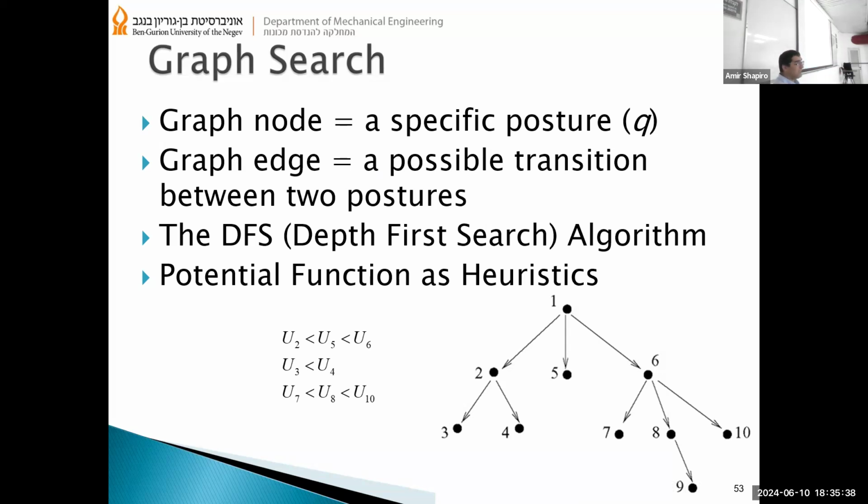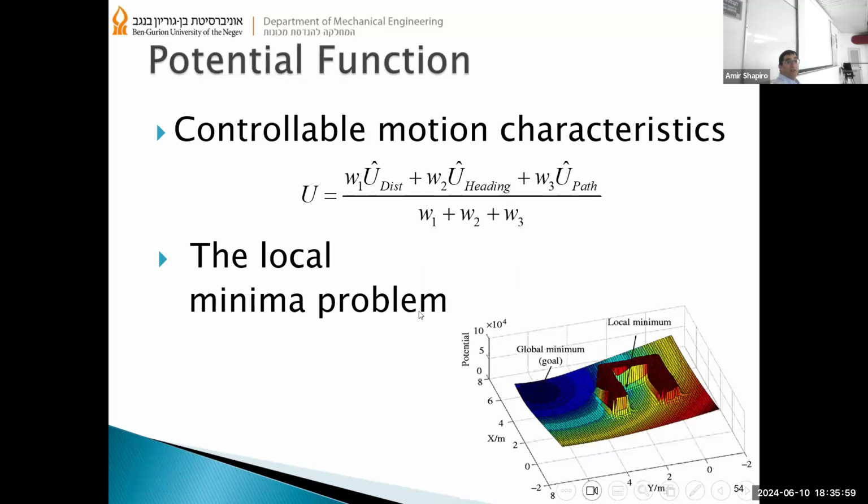We use the DFS algorithm in order to advance in the graph. And we use a heuristic, which is a kind of cost function that we want to minimize. It's sort of a potential function. So the cost function is combined of three different costs.